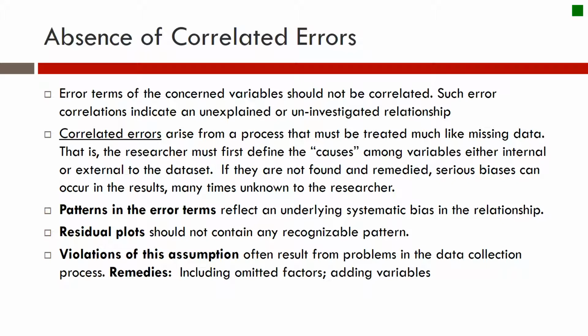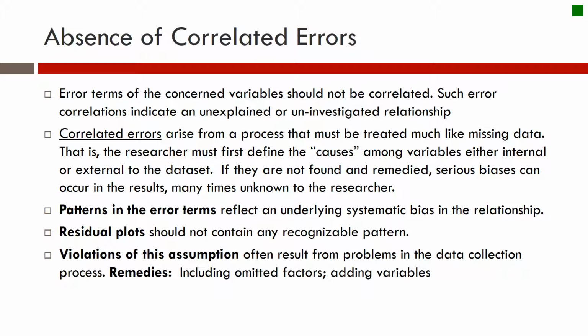Homoscedasticity is when that variance is the same or uniform. Heteroscedasticity is when it grows or changes. That's a problem. Linearity: you have to have linear relationships between your variables. If you don't, we need to do some type of transformation probably to correct for that.